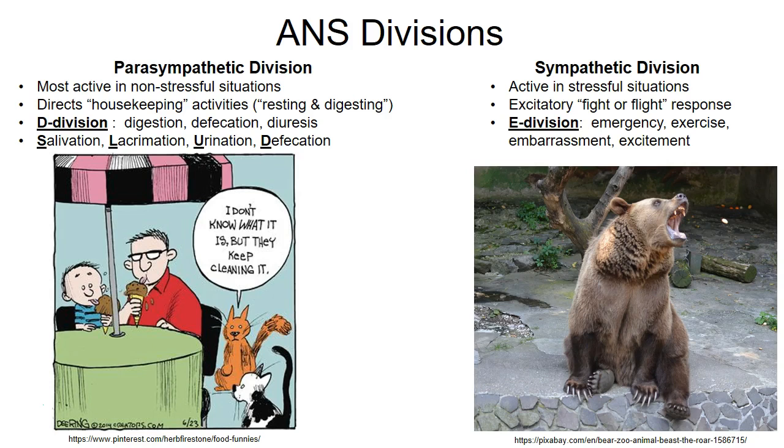So we're talking about maybe the E division. For the parasympathetic, you think about the D division, all those words that start with D. Here, the sympathetic is involved with excitement, emergency, exercise, embarrassment, all of those.